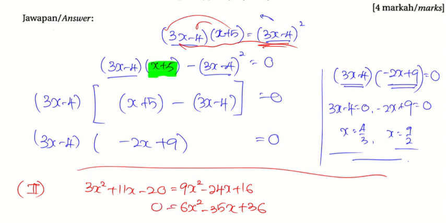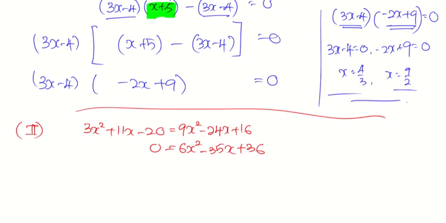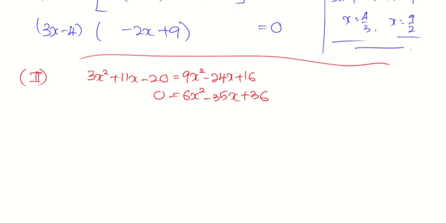Then the next step, I will use a calculator to help me. Can I factorize this one? I will put 3x and 2x now. Okay, and then I will put negative 4 and negative 9.